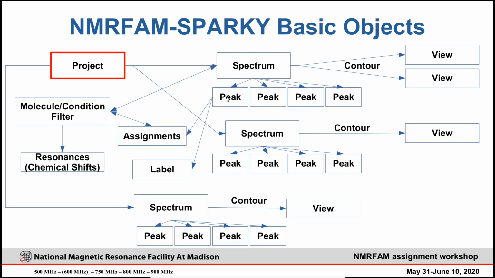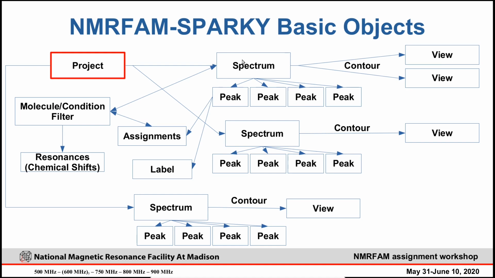And a spectrum will have multiple signals, and they are all objects, and each peak can have a label, and labels are of two kinds: an assignment, or just a user label that does not contain an assignment. Only the assignment will be considered for calculating the resonance assignment.